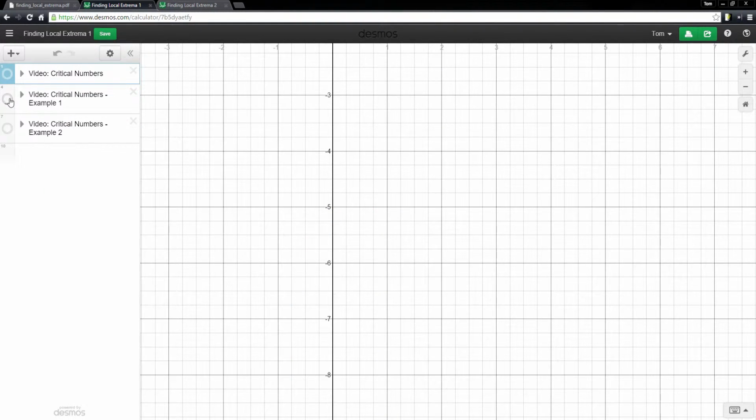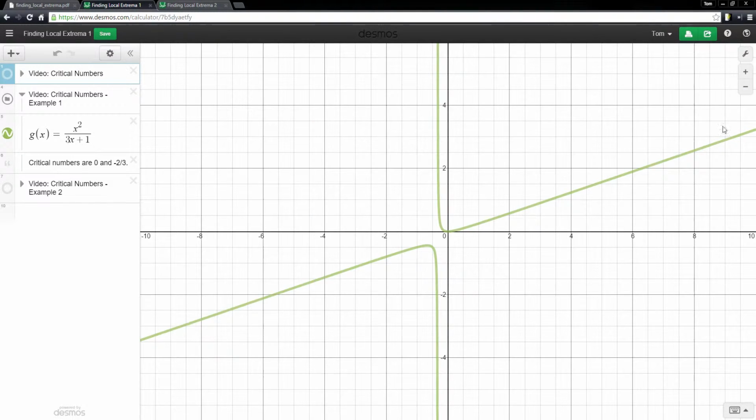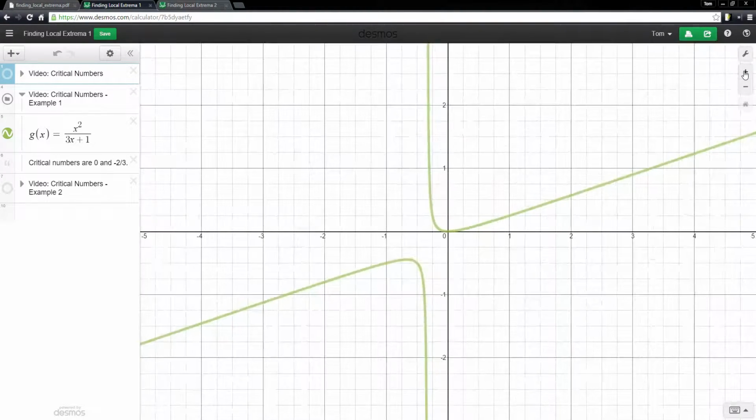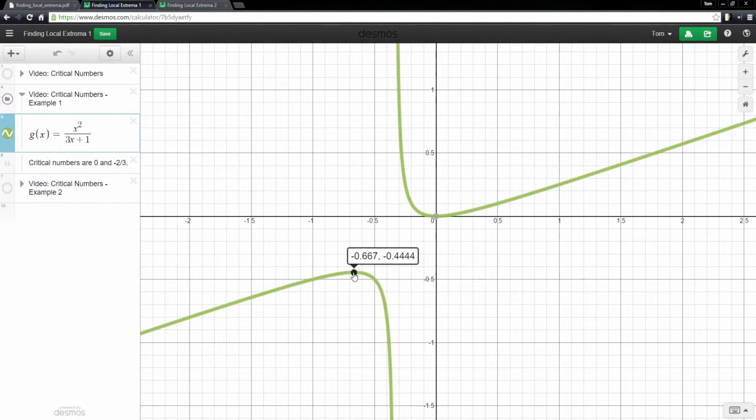In the video critical numbers example 1, we looked at this rational function, x squared over 3x plus 1. Here's the graph of that function, and we can see that there is a local max right here. It's not the highest point, but it's the highest point in some small neighborhood.